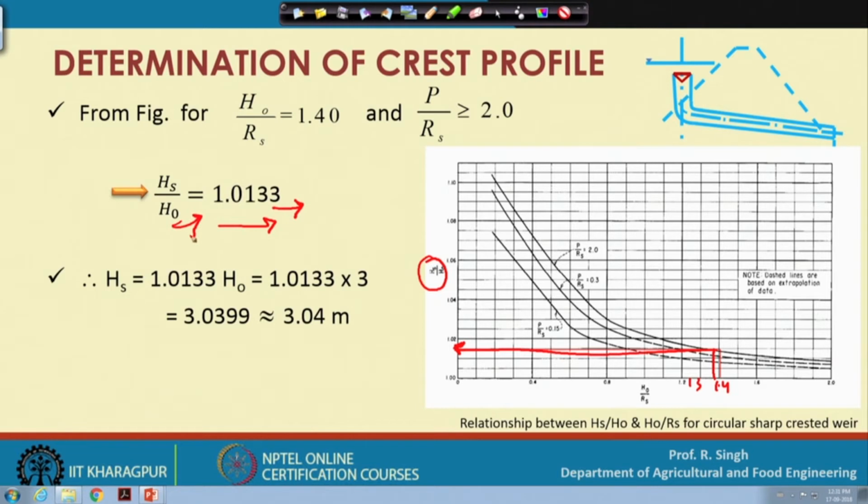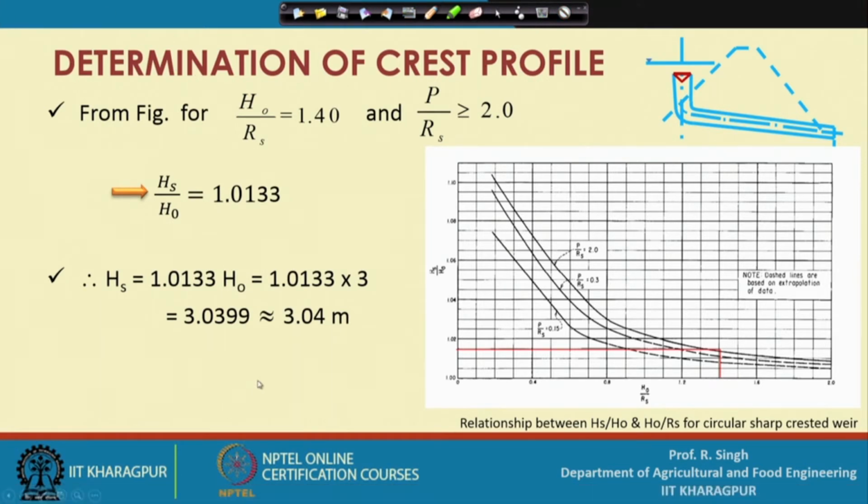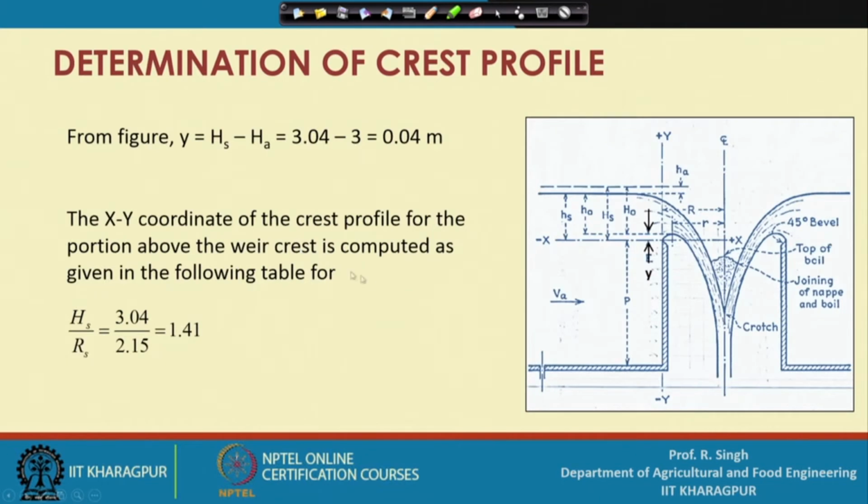Now, you know the value of H0, so you multiply with that. Now the Hs value comes as 3.04. And you have the value of H0, which you know is 3 meter.